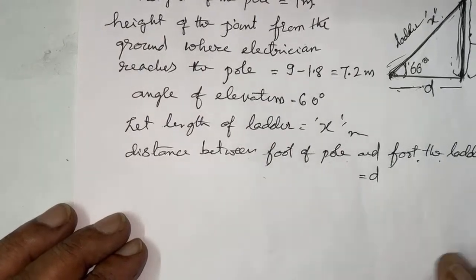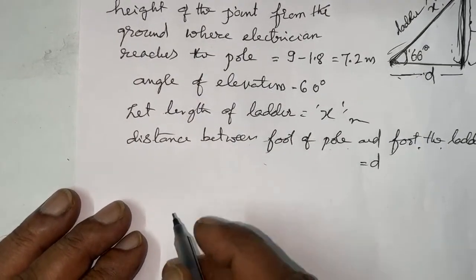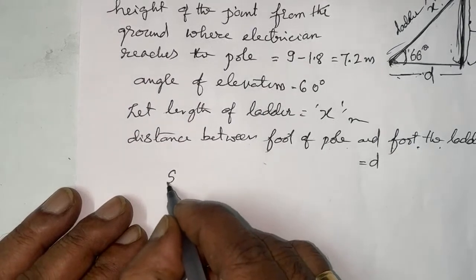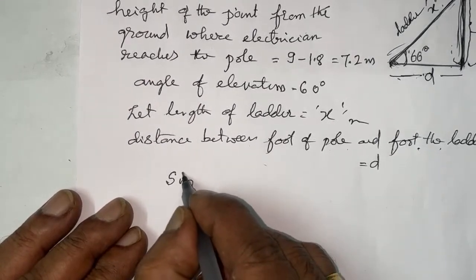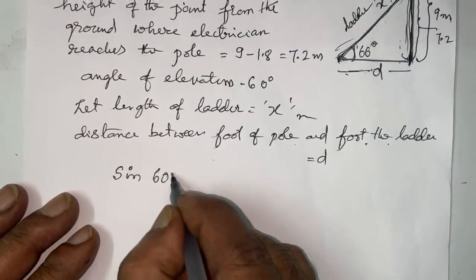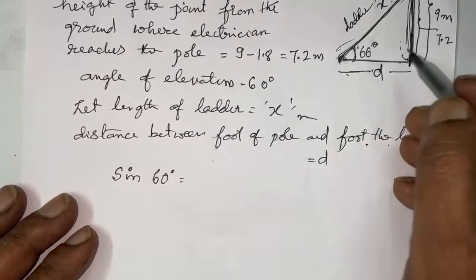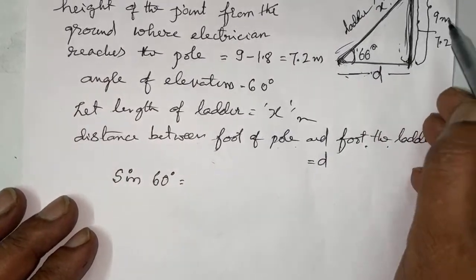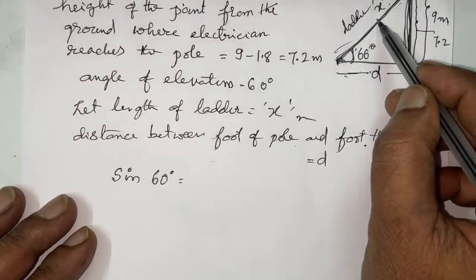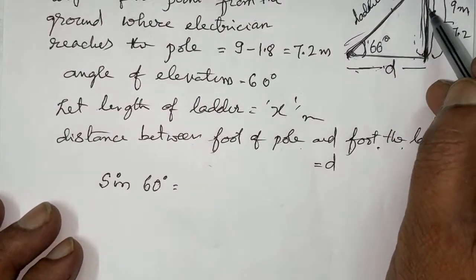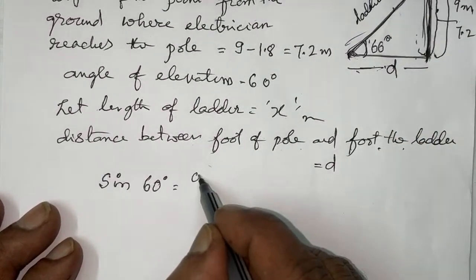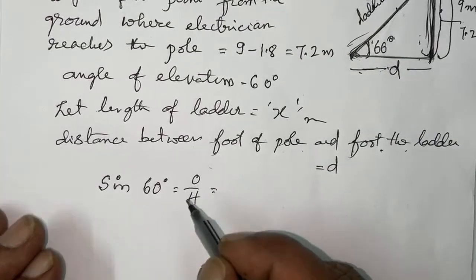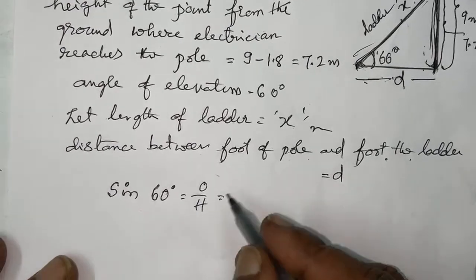So now immediately we are taking here not cos theta, not tan theta, we are taking sin theta. Why? Because here we have the information of the hypotenuse and the opposite. So sin theta means opposite by hypotenuse. That is the reason we take the ratio as sin theta here.